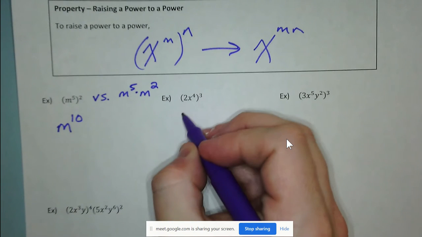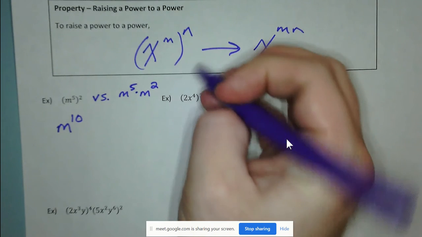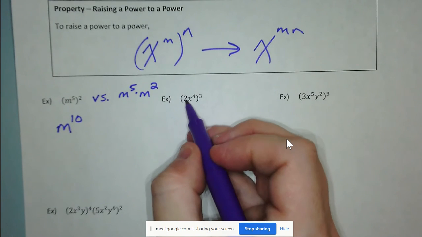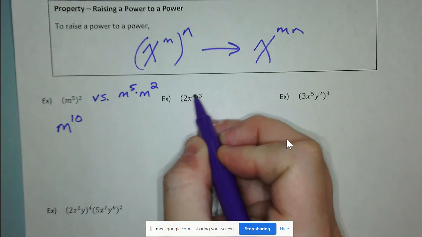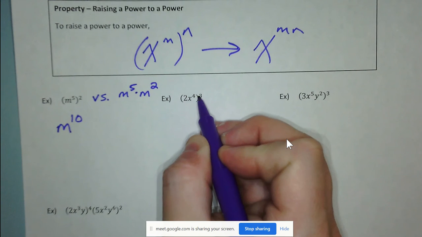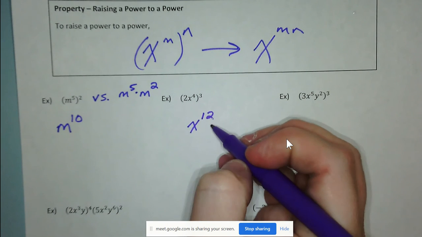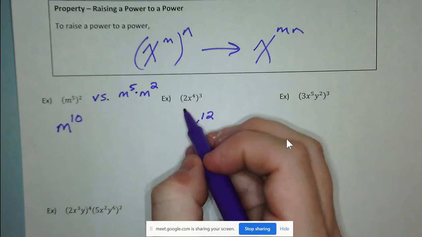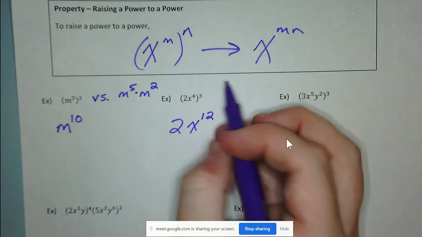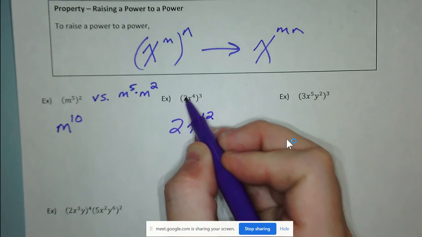Here, in this example, you're raising that 4 to the third power, but you're also raising 2 to the third power. People forget about the 2, so don't just say x to the 12th, and don't even just say 2x to the 12th. You have to remember that that third power also hits the 2.